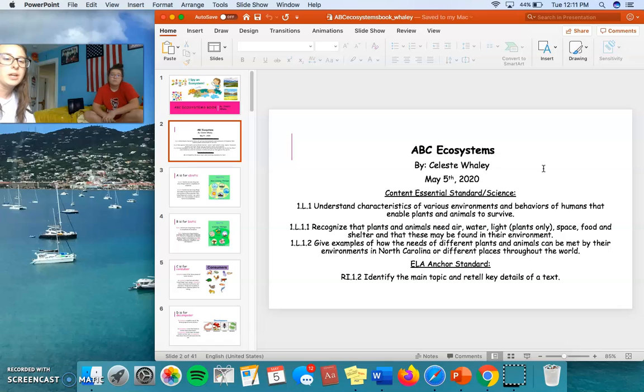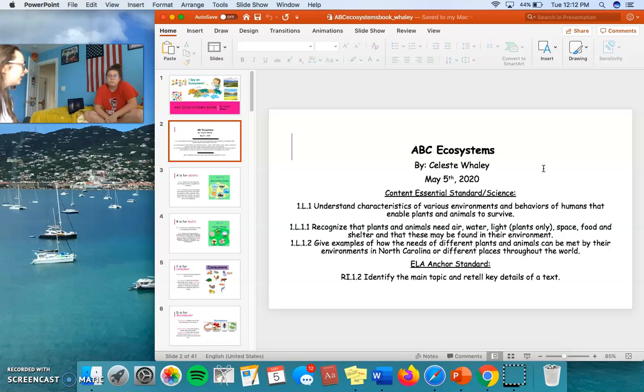And 1.L.1.2 is give examples of how the needs of the different plants and animals can differ, and especially in North Carolina, because that's where we live. My ELA anchor standard is RI.1.2, identify the main topic and retell key ideas of the text.